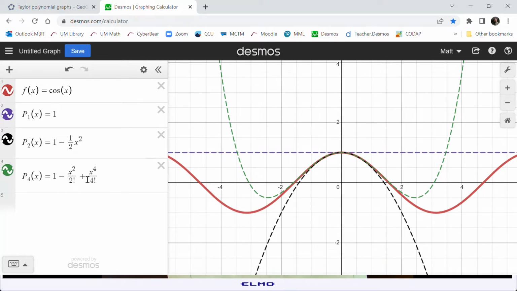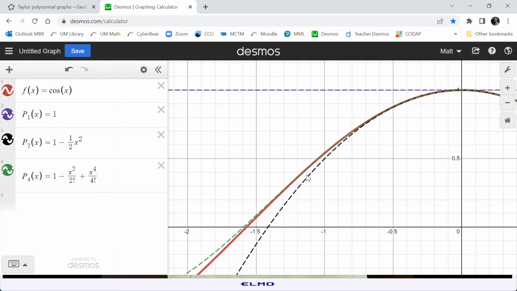It turns out that we add a term every other term, and that's because of the alternating derivative valued at 0 for cosine. But certainly the green graph is better than the black one. I mean, if we zoom in on this, we can see the green graph does really well. I mean, now past 1, right? Whereas the purple one was only good here and very close, and the black one was only good to about, I don't know, a radius of about half.